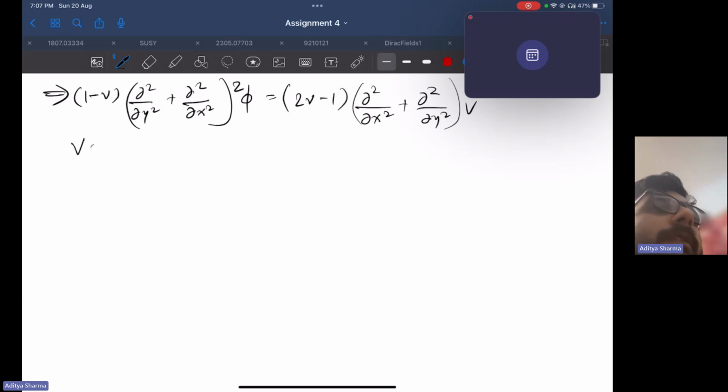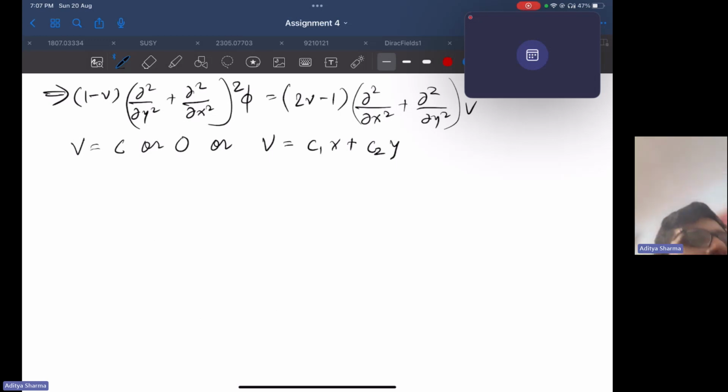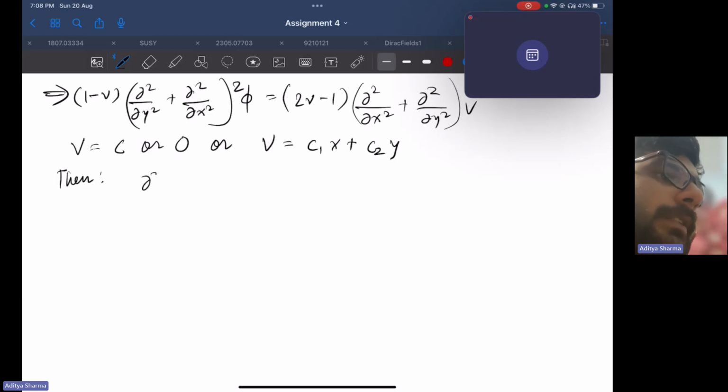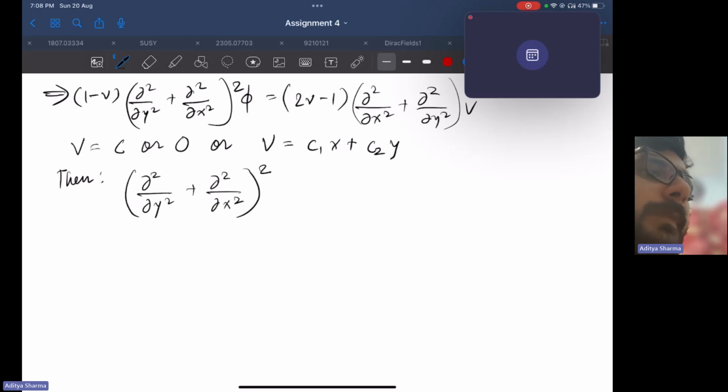So if b is constant or 0, or b is a linear function, c1x plus c2y, then our equation is just del square del y square plus del square del x square, squared, phi is equal to 0.